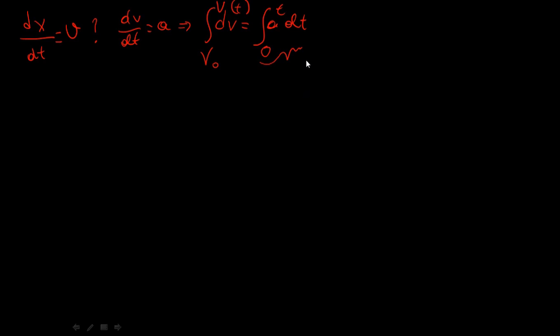On the right hand side, take a out of the integral sign, since it is a constant. Therefore, integration applies only on time, the same way as in this case.